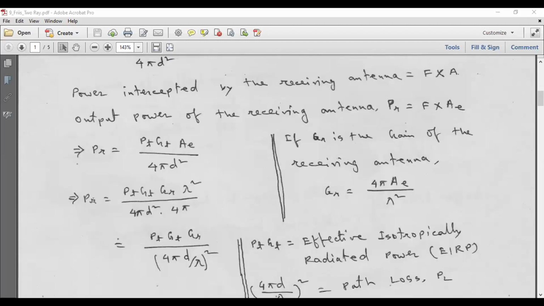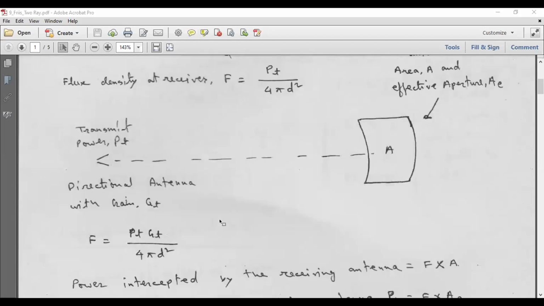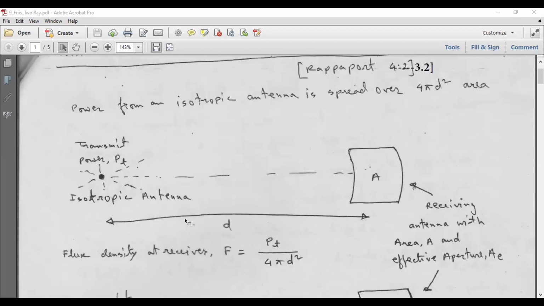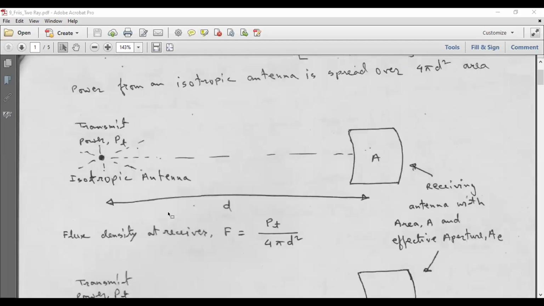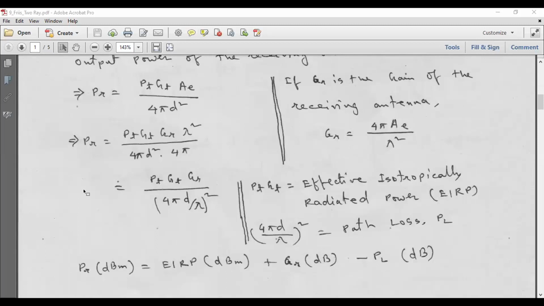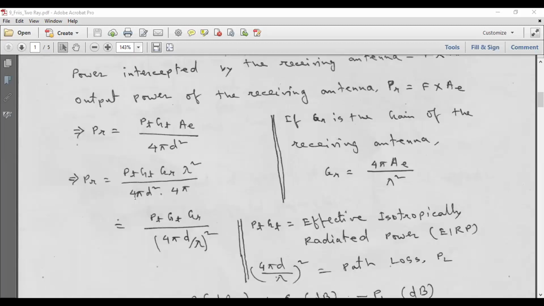So here PR represents the receive power. Okay, we have some transmitter, which is sending power, and you are receiving power at the other end. The received power we are interested in usually, right? So that is called PR, and the power you're transmitting from the transmitting end is denoted as PT.